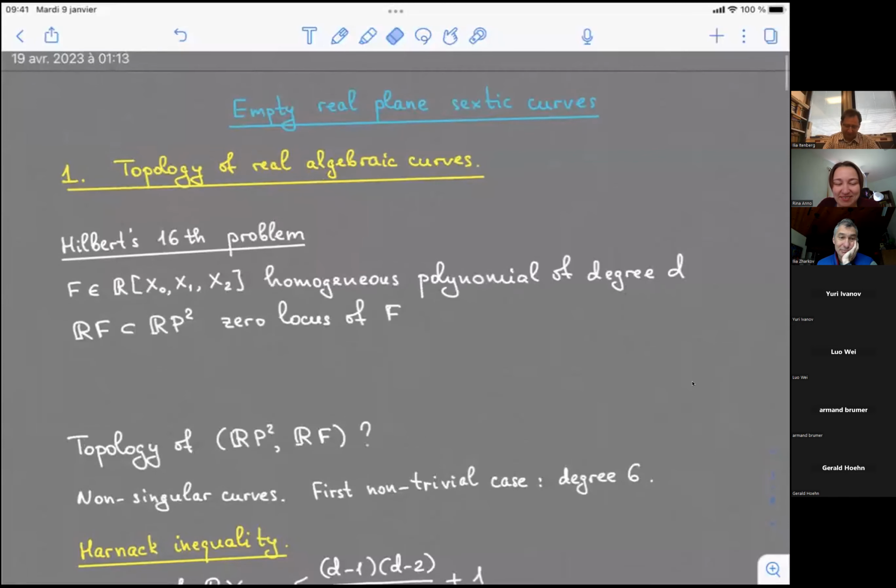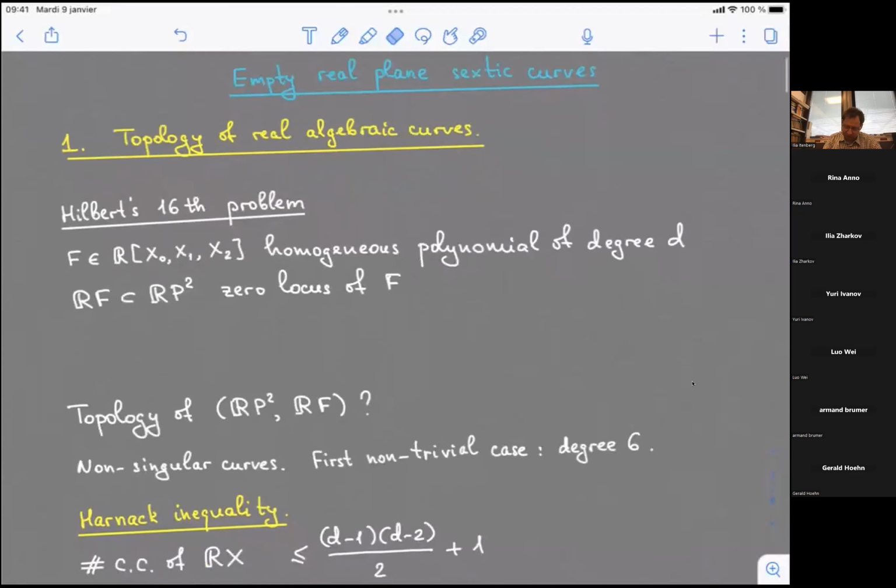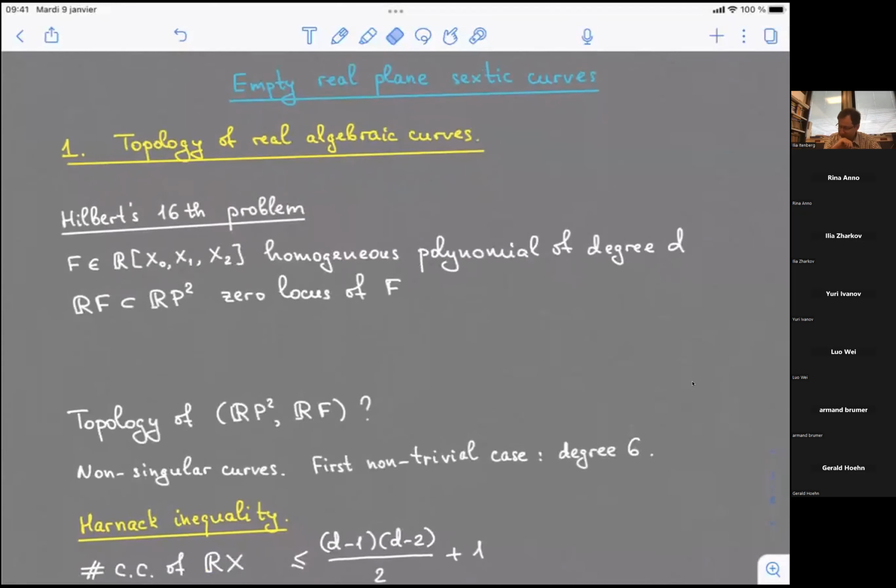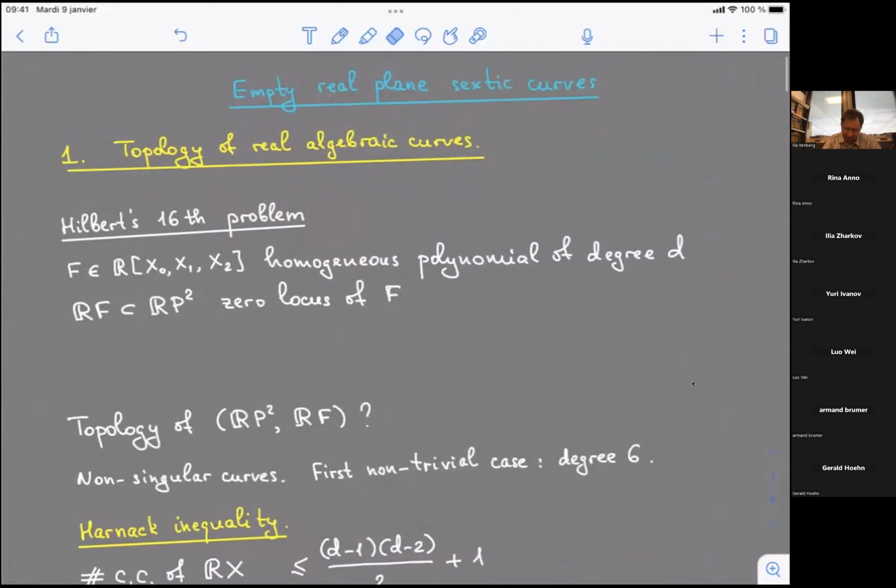Okay. So indeed, I'd like to speak today about what one can call empty real sextics, and so this is a subject that belongs to topology of real algebraic curves, and in a sense, it's the framework of Hilbert's 16th problem, or more precisely, the first part of Hilbert's 16th problem.